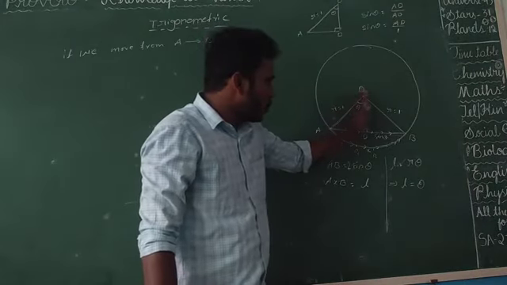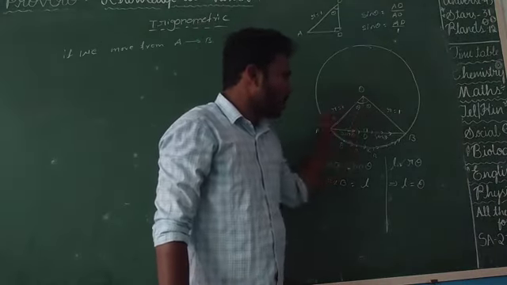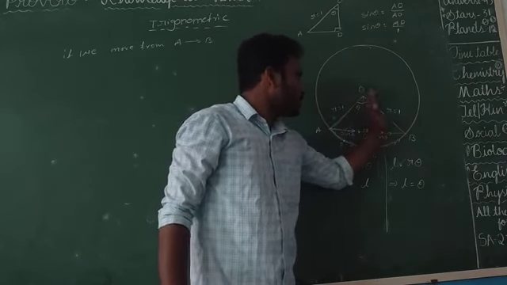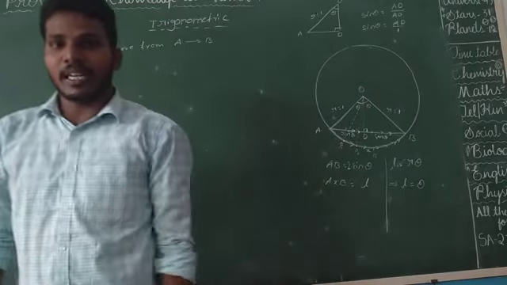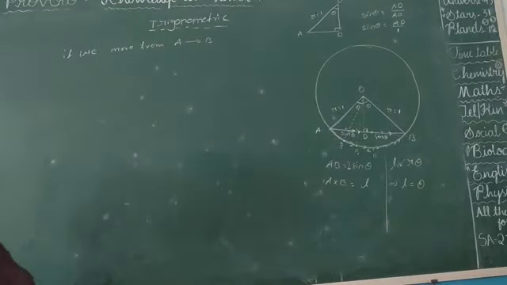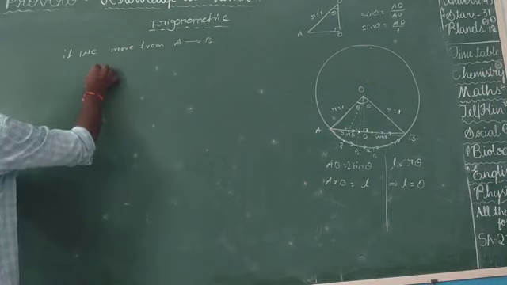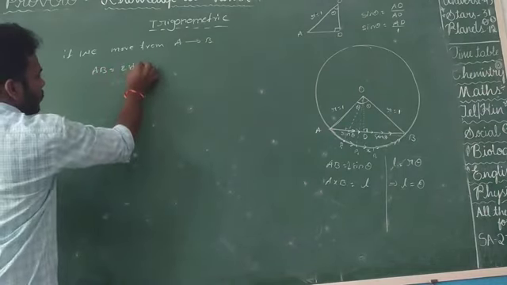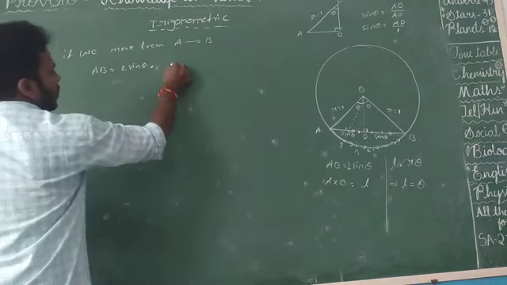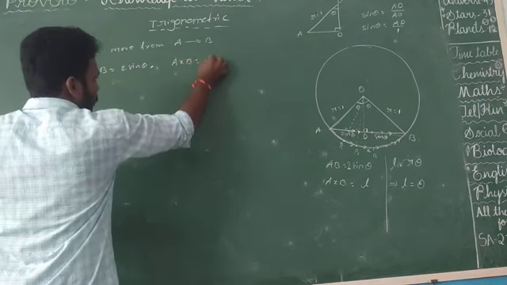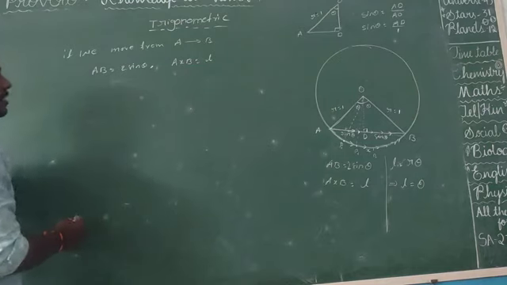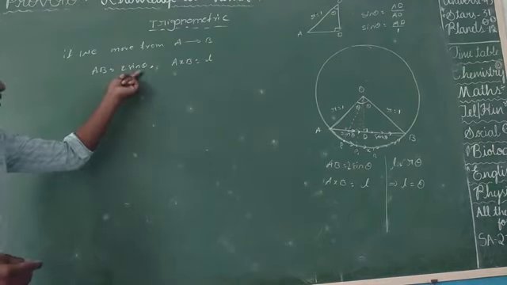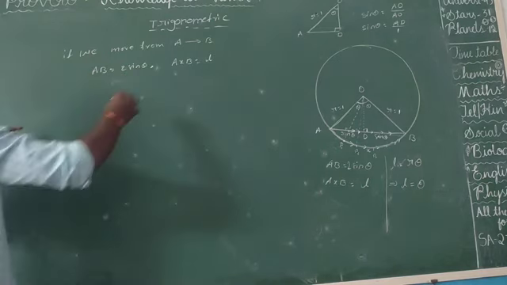So one is along the arc, one along the chord, and the two particles are going to reach B. Then the central angle becomes 0. That's why we are concluding here: the chord AB is 2 sin theta, and AXB is the length of the arc.